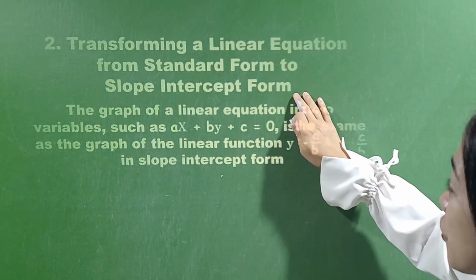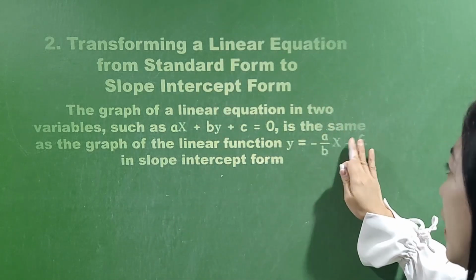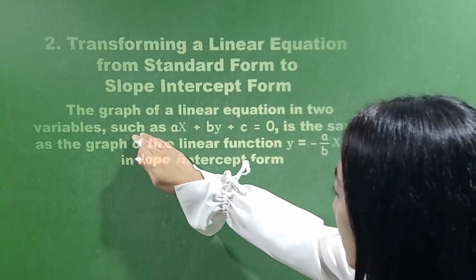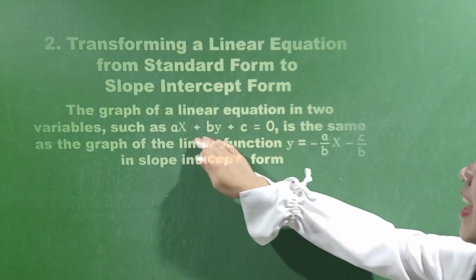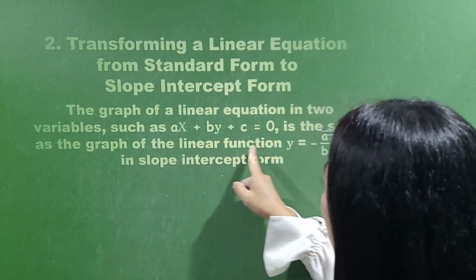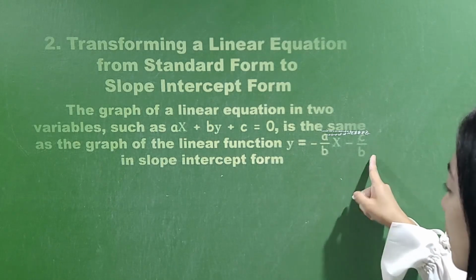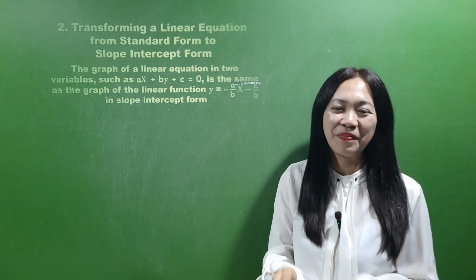If we are transforming a linear equation from standard form to slope-intercept form, the graph of a linear equation in two variables such as ax plus by plus c is equal to 0, which is in standard form, is just the same as the graph of the linear function y is equal to negative a over b x minus c over b in slope-intercept form.